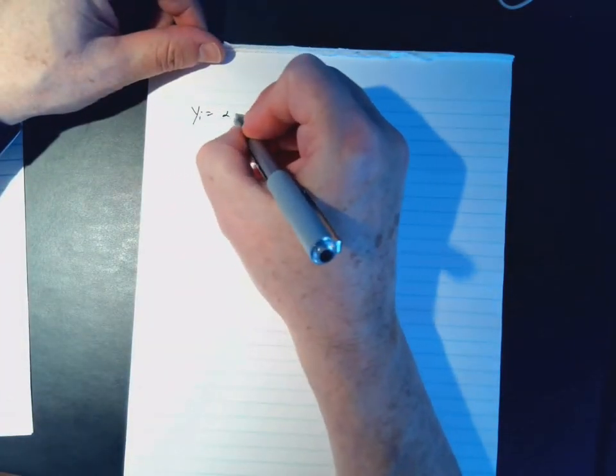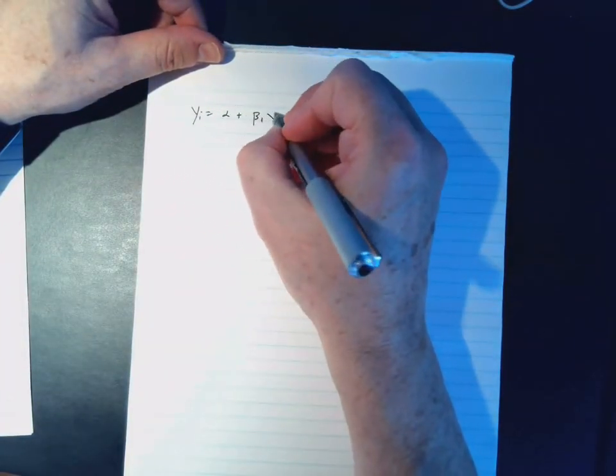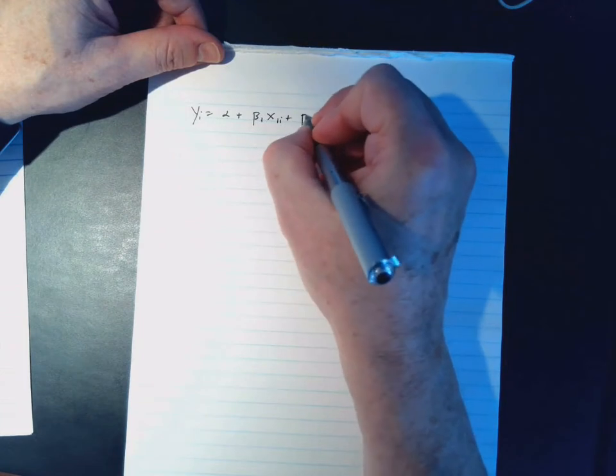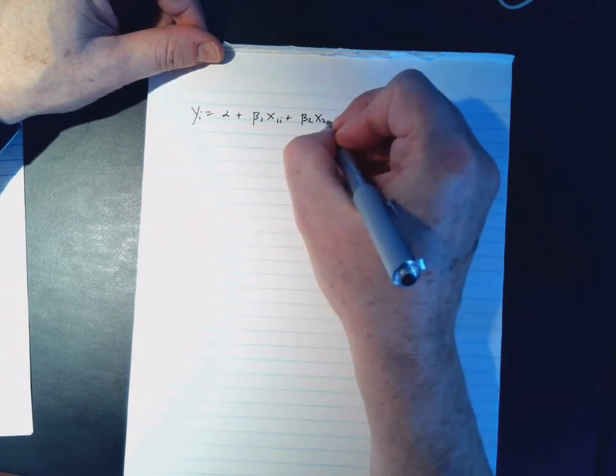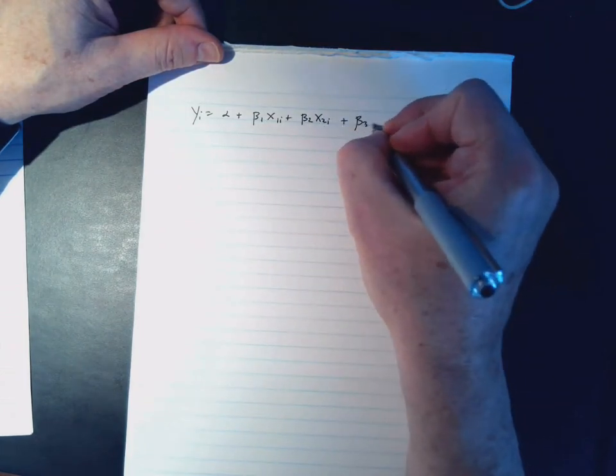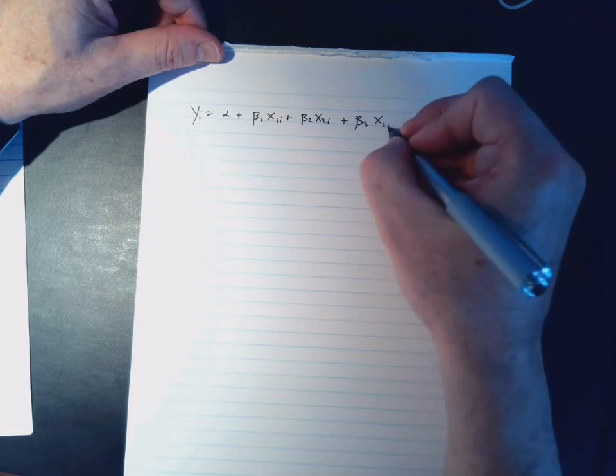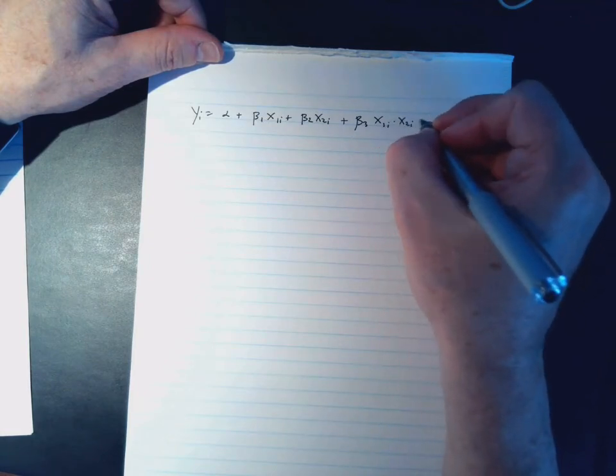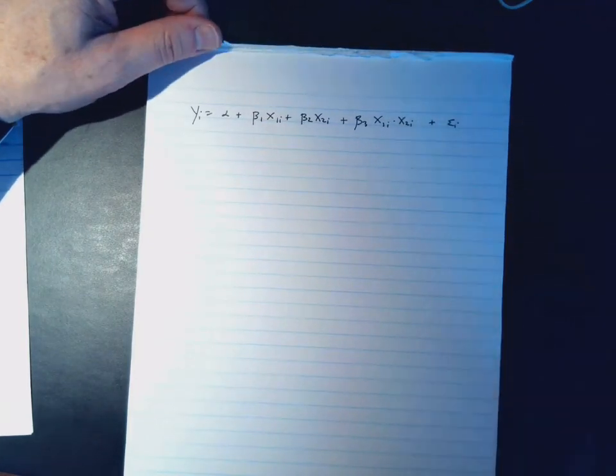Here's another example. I'll just, again, it's in the two variable case. Y equals alpha plus beta 1 x1 plus beta 2 x2 plus beta 3 x1 times x2 plus the residual. All right, so look at that and think for a moment how you would implement that in a linear regression package.